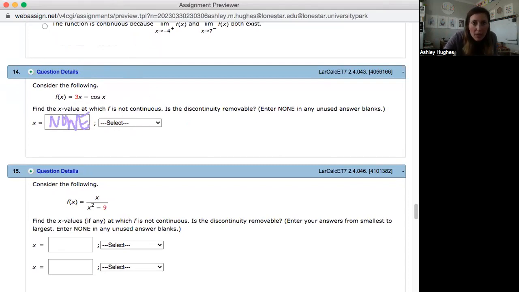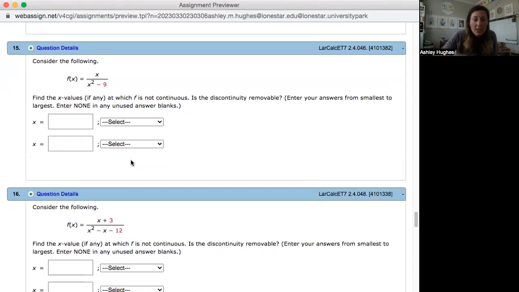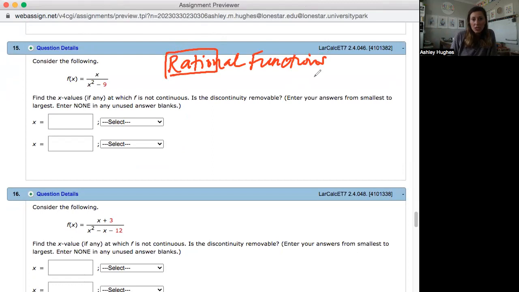Now this one on the bottom, however, is called a rational function. A rational function, I know that looks like a scary word, is a ratio of functions. So it's like you have a function on top and a function on bottom. And the issue is anytime the bottom equals 0.